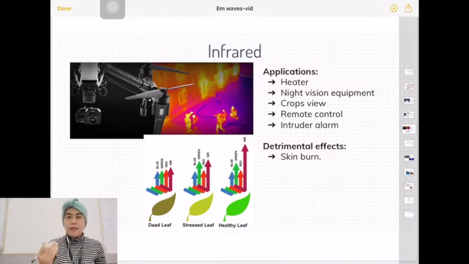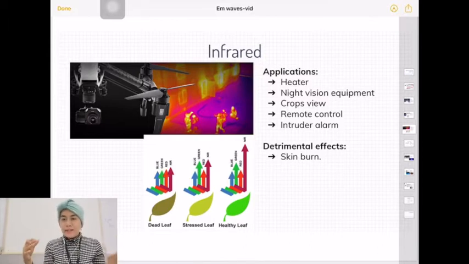But if they don't reflect a lot of near infrared wavelength when you capture it using this infrared camera, then that means that the leaf may be lacking in nutrition, maybe not as healthy as it used to be. And if the reflection of red light, blue, green, and also near infrared wavelength is just the same, then that means that the leaf is dead.